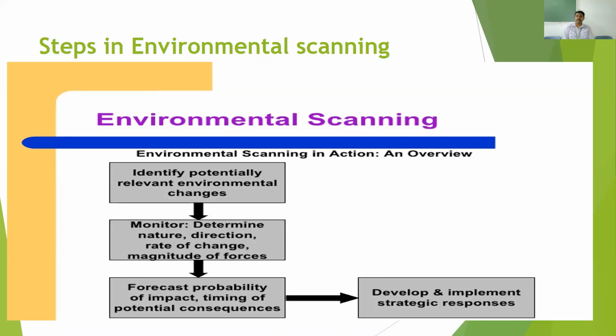So in the process of environmental scanning, the first thing is identify. You should identify the potentially relevant environmental changes. That means either in the micro marketing environment or the macro marketing environment, you have to identify what changes happen. Micro includes things very close to the organization.